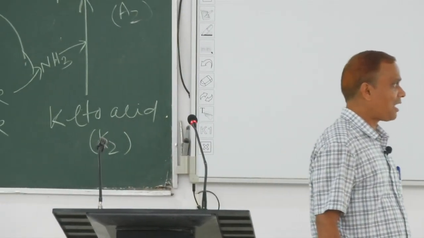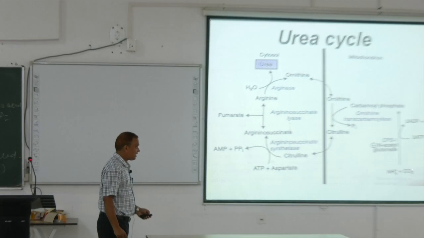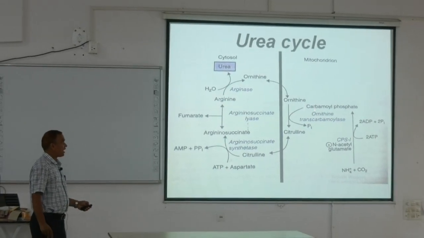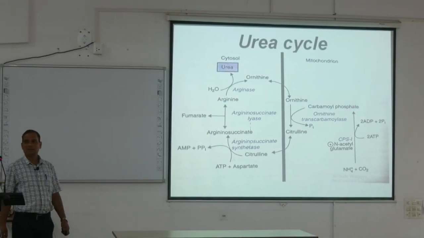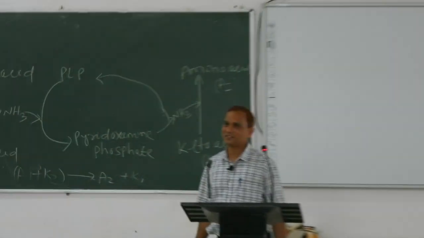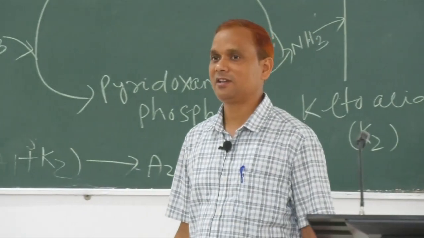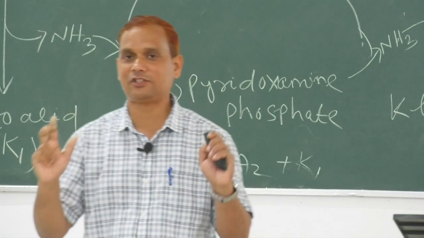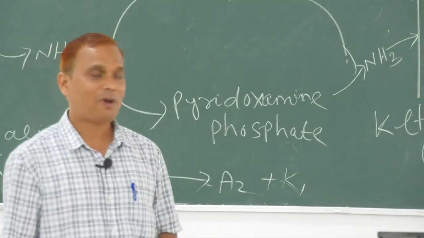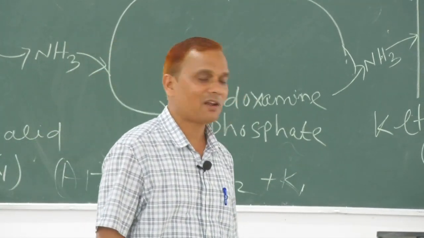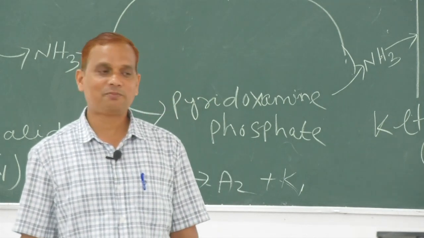Ammonium ion and carbon dioxide combine to form carbamoyl phosphate. First they synthesize carbamoyl phosphate by the enzyme CPS1, carbamoyl phosphate synthase 1.